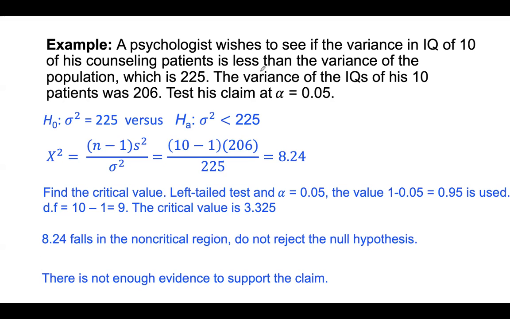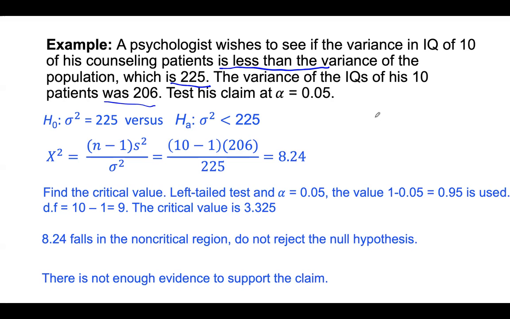So a psychologist wishes to see if the variance in IQ of 10 of his counseling patients is less than, keyword, the variance of the population, which is 225. The variance of the IQs of his 10 patients was 206. So this is where we have to be a little careful.